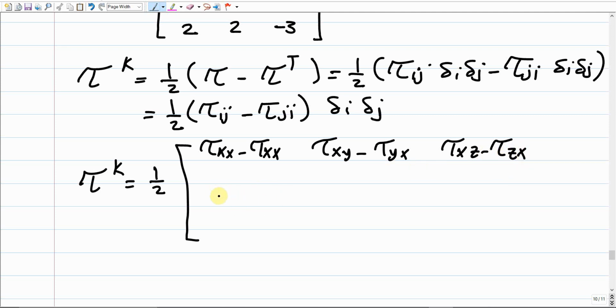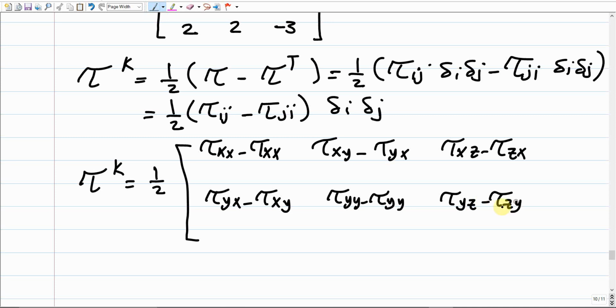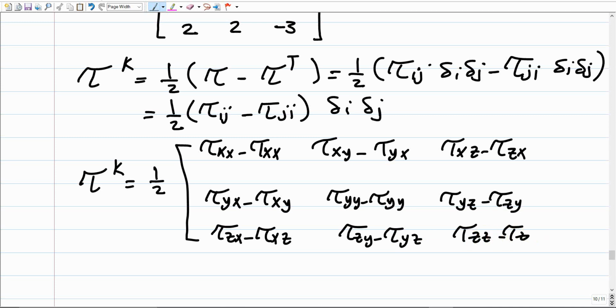Then we're going to have here the tau yx negative tau xy. Here we're going to have the tau yy negative tau yy, and we're going to have the tau yz negative tau zy, and we're going to have here the tau zx negative the tau xz, and we're going to have the tau zy negative the tau yz, and tau zz negative tau zz.